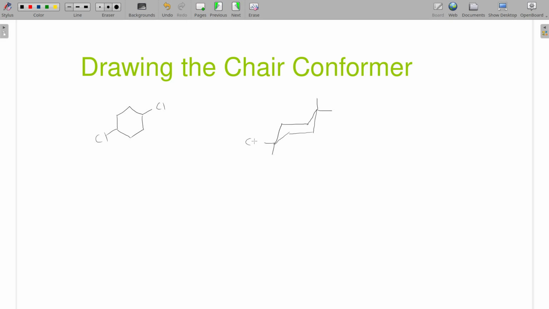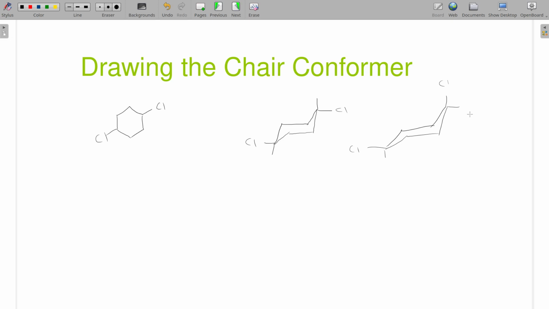So I could put both chlorines going out. We call those equatorial positions because they're going out from the ring. And I could put one out, and it turns out one straight up. Now, even though there's four positions, and it seems like there should be four possible ways of drawing that, there really are just those two. And we're going to see why in just a second.